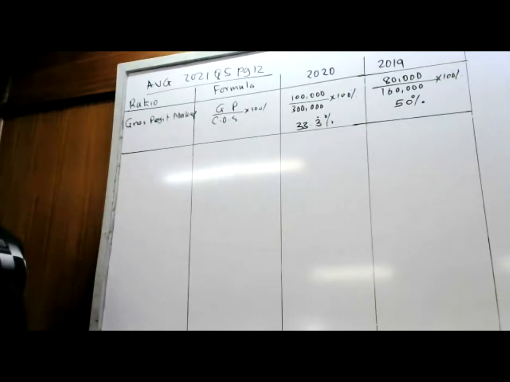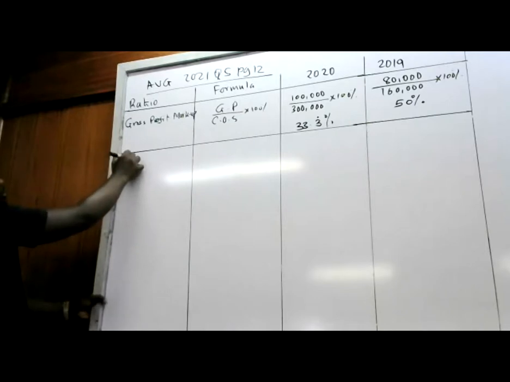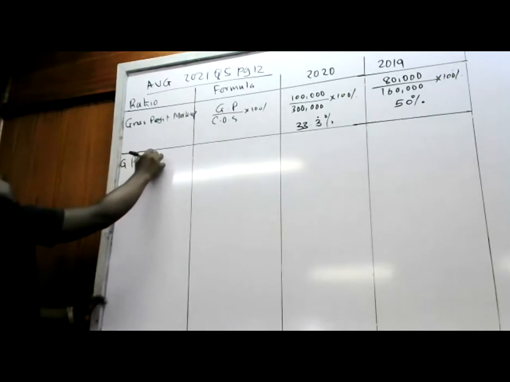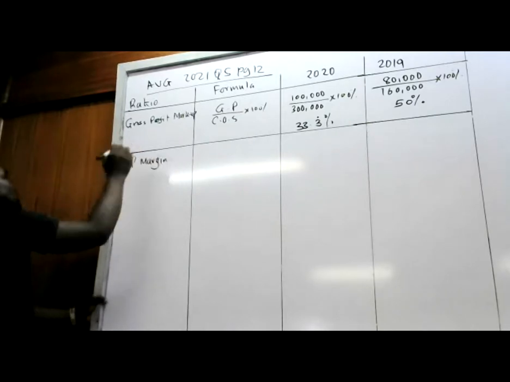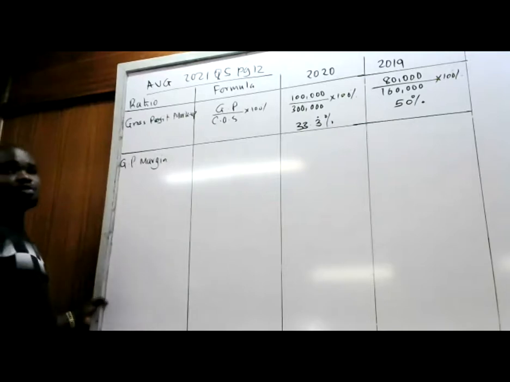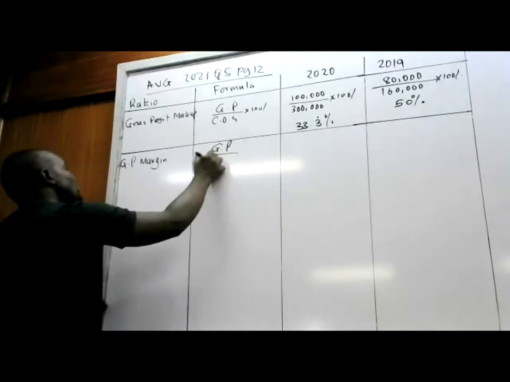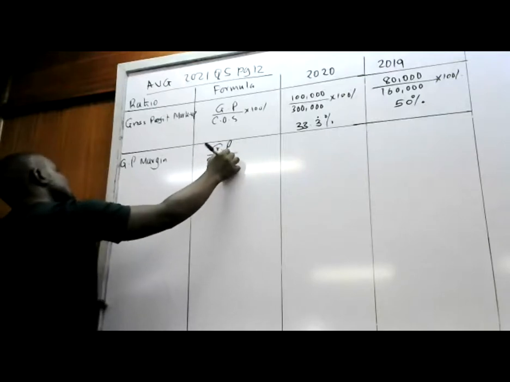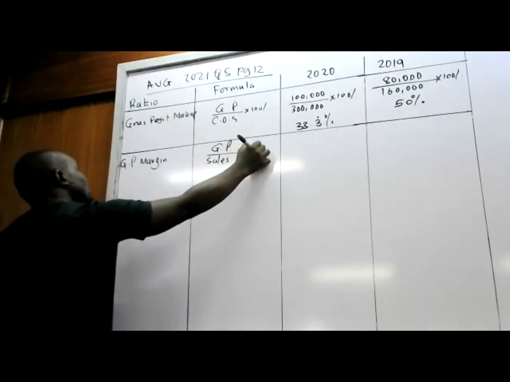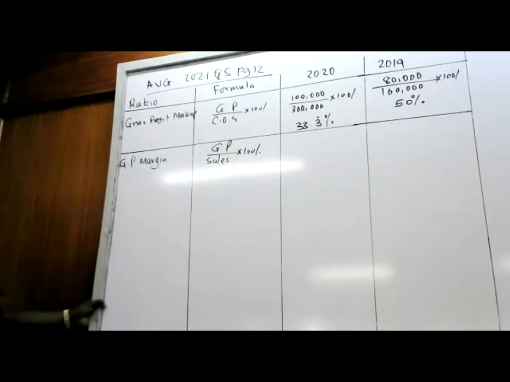The next one they want is which one? Gross profit margin. So gross profit margin is gross profit divided by what? Sales times 100.